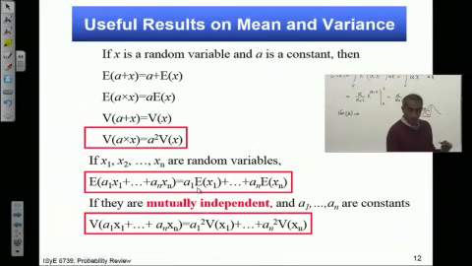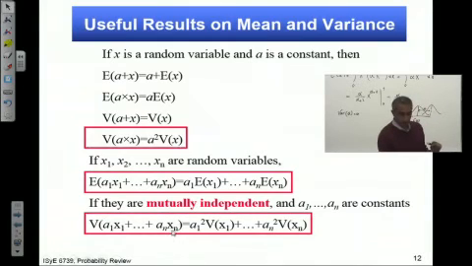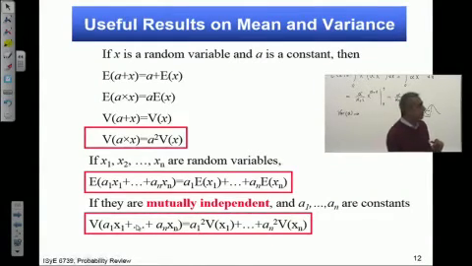However, for the variance, this is not always true. The variance of a linear combination is the linear combination of variances with squared coefficients, if and only if the random variables are mutually independent. There is no correlation.